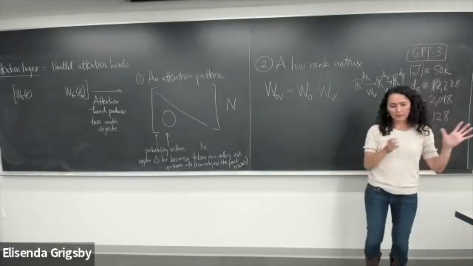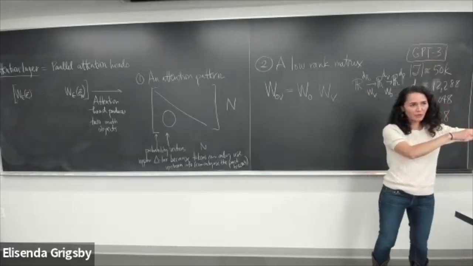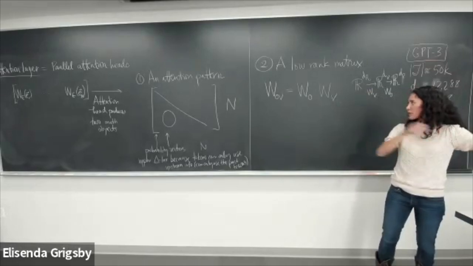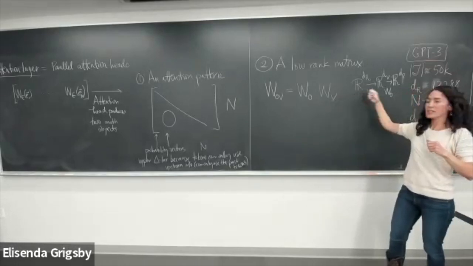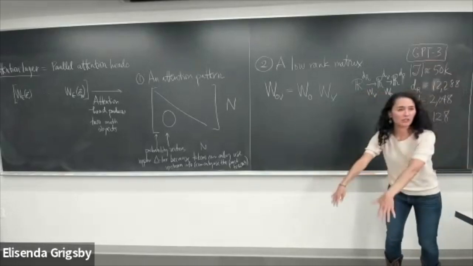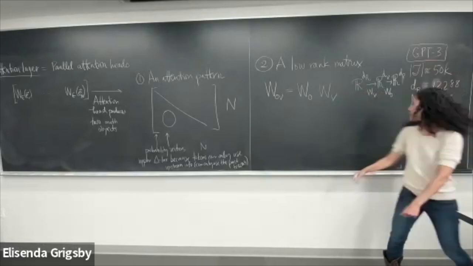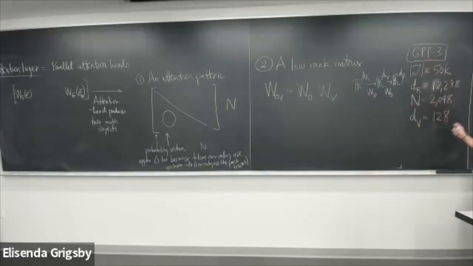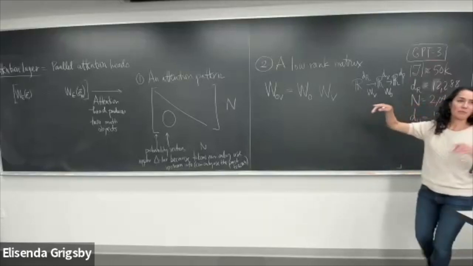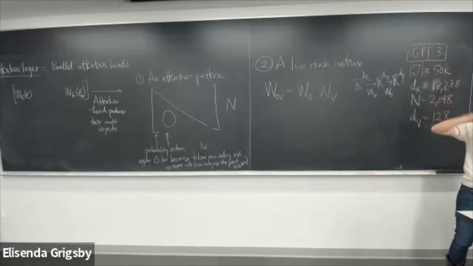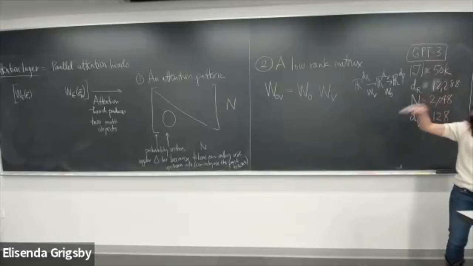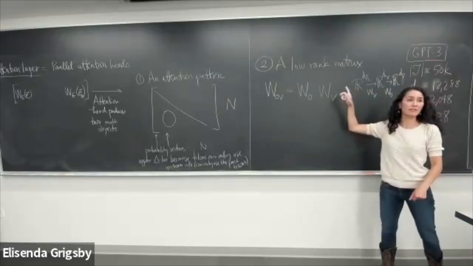For each of the tokens in your set of tokens, you're constructing some much lower dimensional projection of it, and then a re-embedding. And the attention pattern is going to tell you exactly how to do the linear combination of the outputs of this.